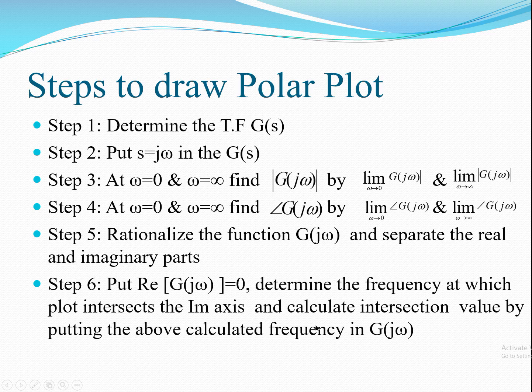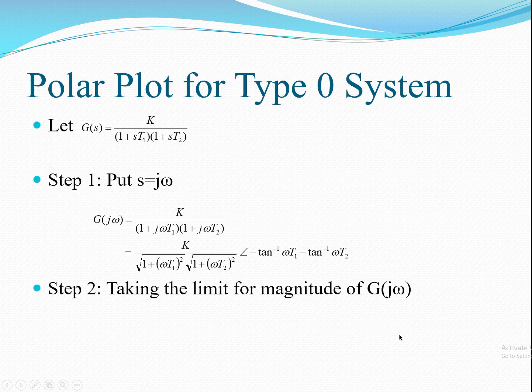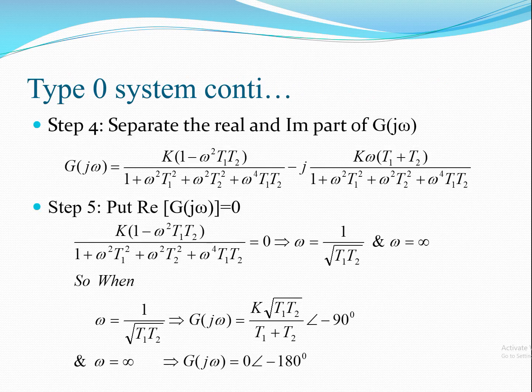Even if it is intersecting, we have got the frequency only, but at which particular point it is going to intersect, we have to put in G of j omega. So that value we have got in this equation. Okay, at this point, at this magnitude, it will intersect at which angle, minus 90. Okay, similarly for omega equal to infinity, we have put the real part equal to 0.